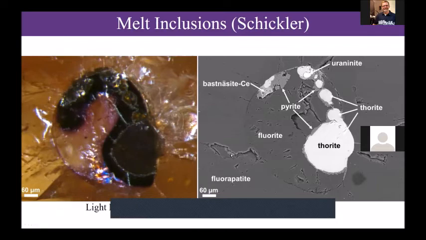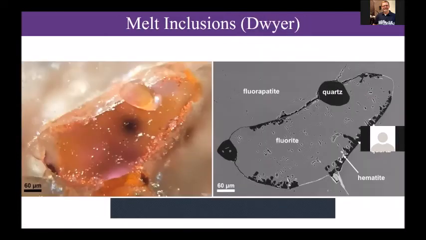You can also see the globular nature of some of these daughter phases inside the melt inclusion itself. Here's that other example of mixed trapping of the quartz crystals along with the fluorite melt inclusion. There's an example of it also in a light microscopy image, and some of this orange coloration along the margin is due to the hematite.